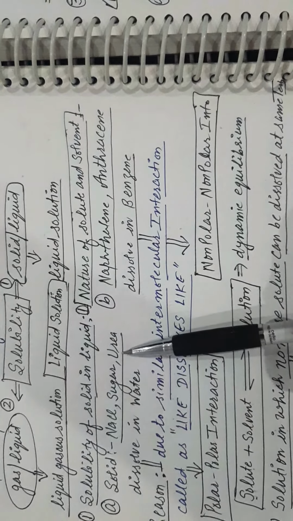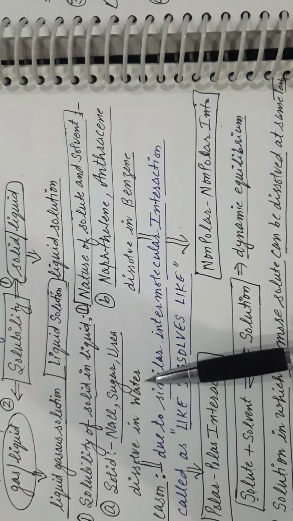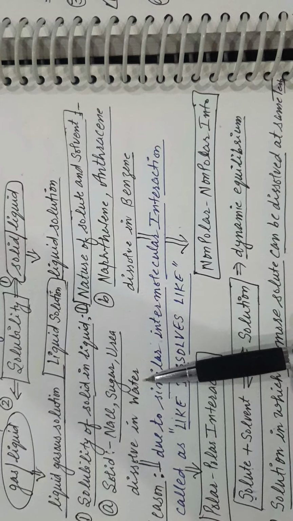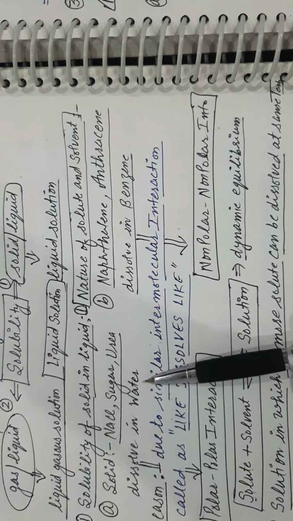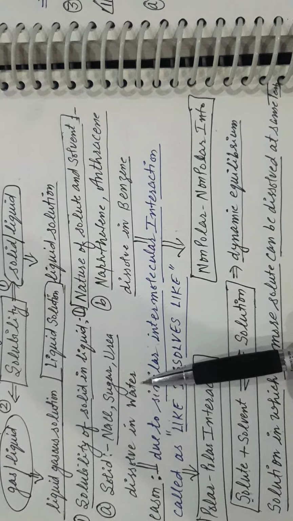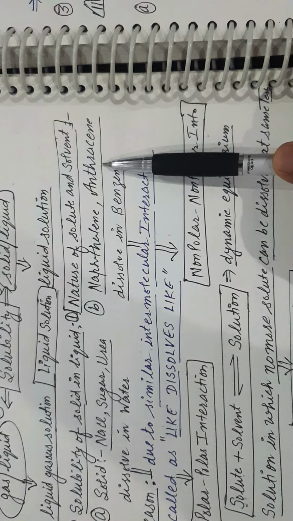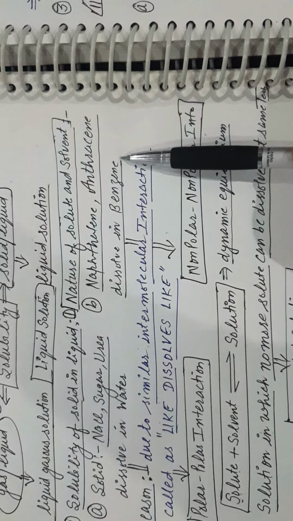But sugar and urea are dissolved in water due to the formation of intermolecular hydrogen bonding, that is the similar interaction gives rise to solubility. While in the case of naphthalene and anthracene, non-polar substances dissolve in a non-polar solvent, that is benzene.